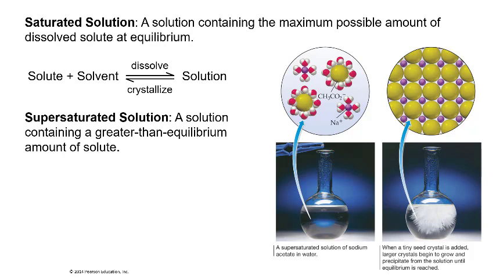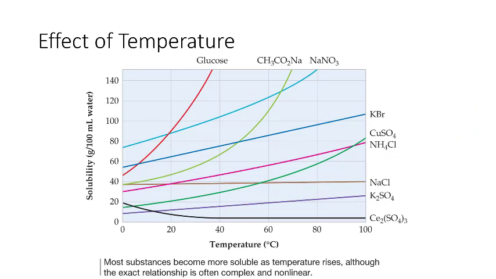If we increase the temperature of a solution, with temperature on the x-axis and solubility on the y-axis, we can see from many different materials here that if we increase the temperature of the solution, you will increase the solubility of a substance.